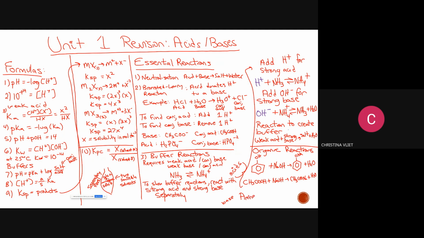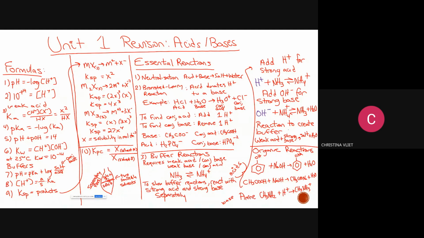So if I had CH3NH2, how would that react with acid? The same way that any other base would, which means you get CH3NH3 plus. Amides don't do this because amides are neutral.